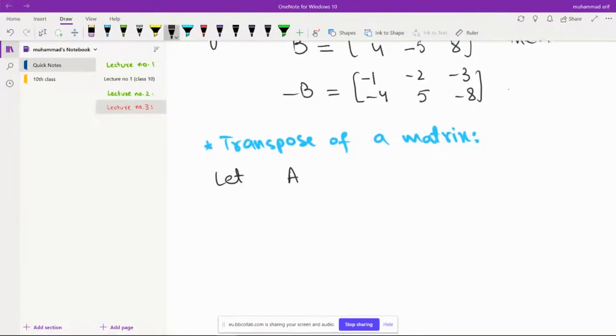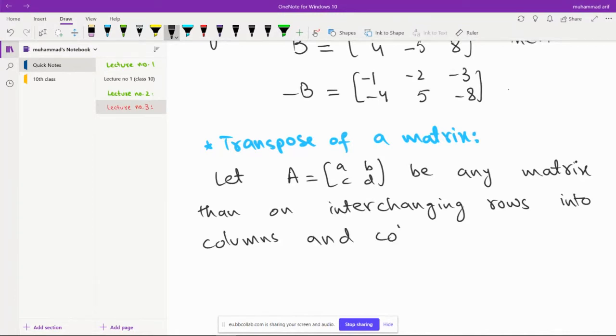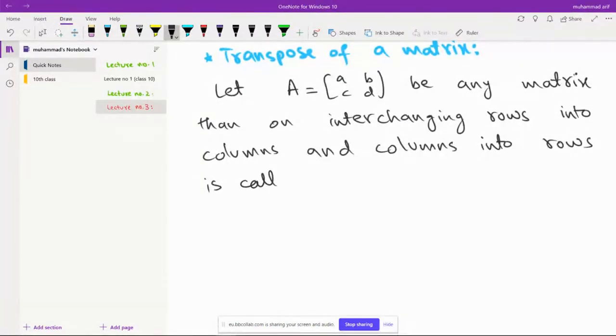Let A = [A, B, C, D] be any matrix, then on interchanging rows into columns and columns into rows is called transpose of a matrix.